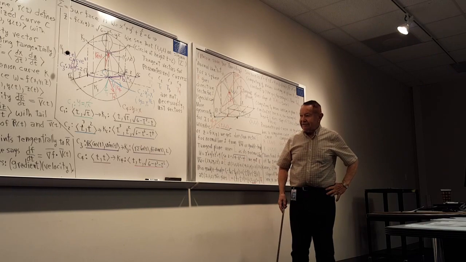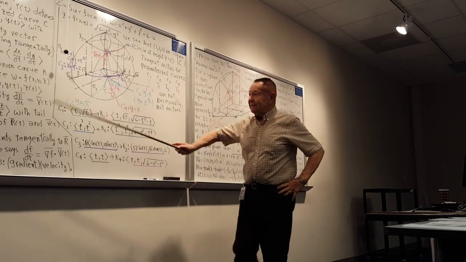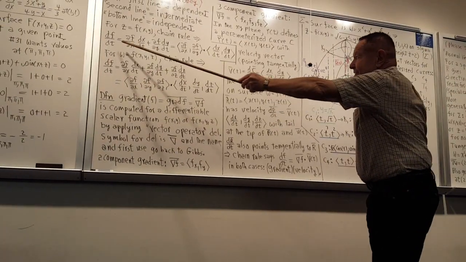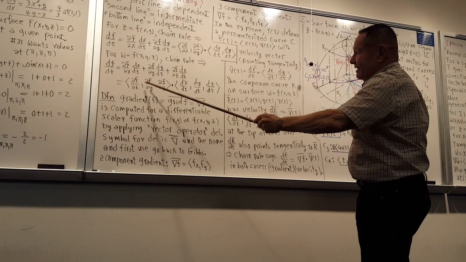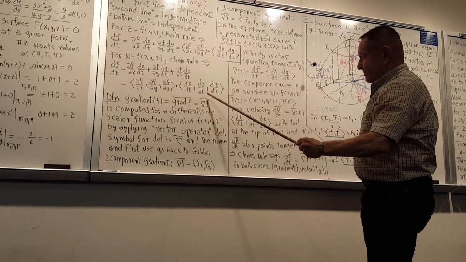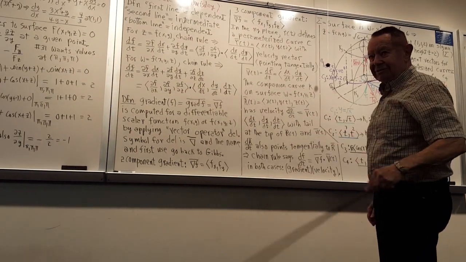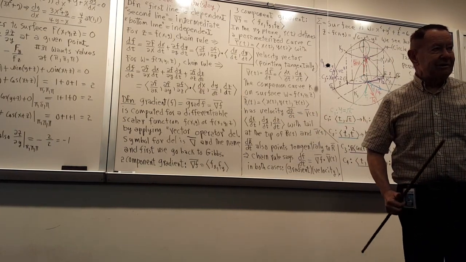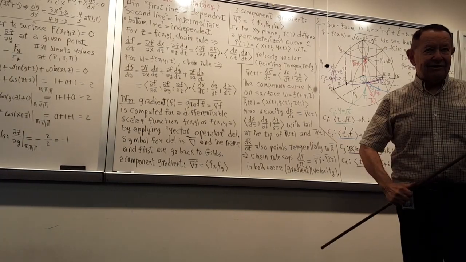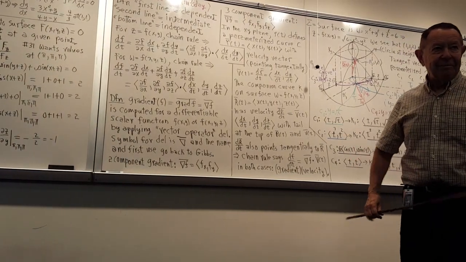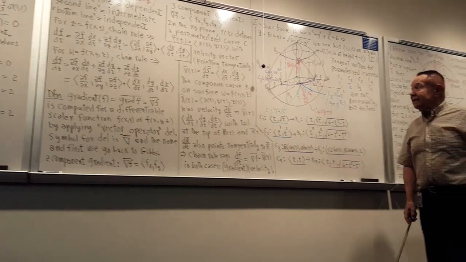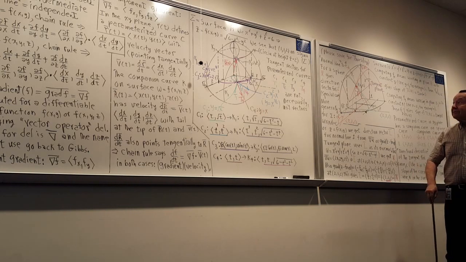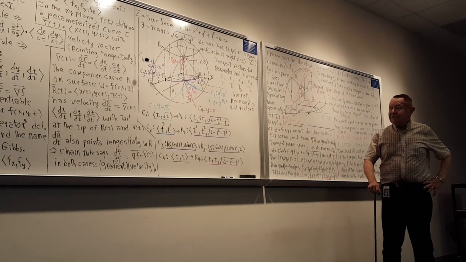So what you have is dw dt, or df dt, either way you want to say it, is the dot product of these vectors, and it's also equal to 0. Okay, so when your dot product is 0, either you have a 0 vector or they're at right angles.